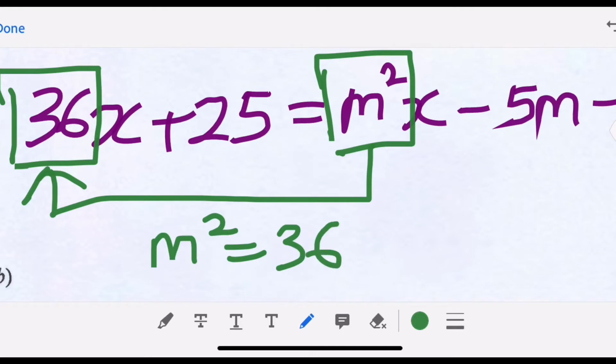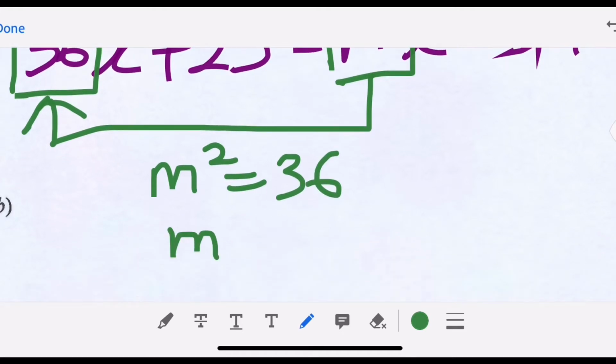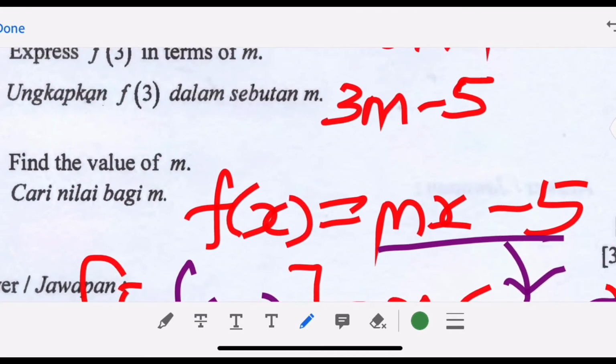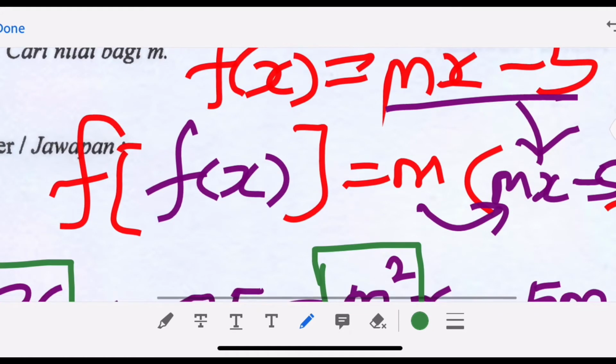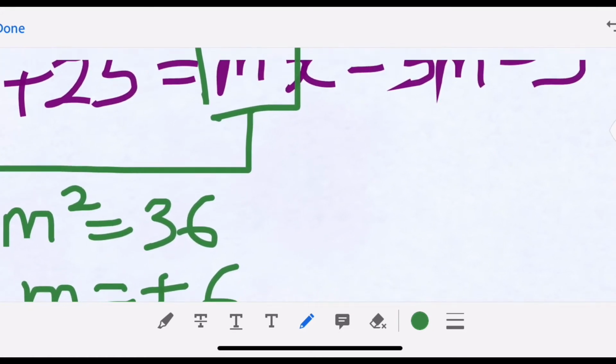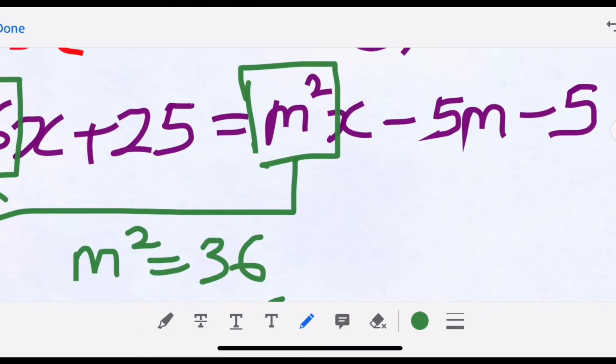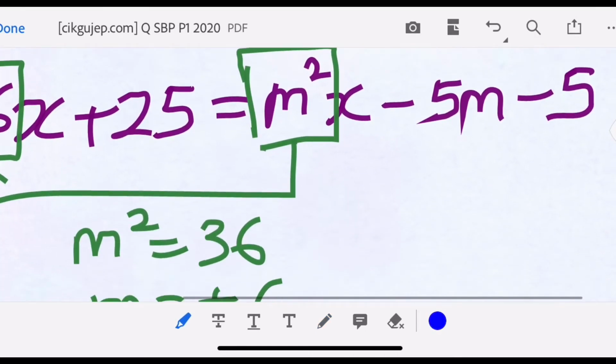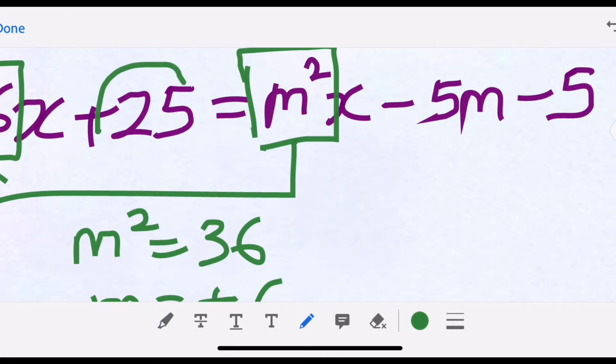m squared equal to 36. So m is plus minus 6. And because the instructions say they want m less than 0, meaning that you have to choose the negative m, which is negative 6. Okay, please follow the instruction of the question. Alright, so this is about the composite function.